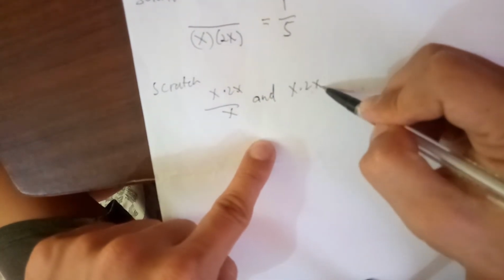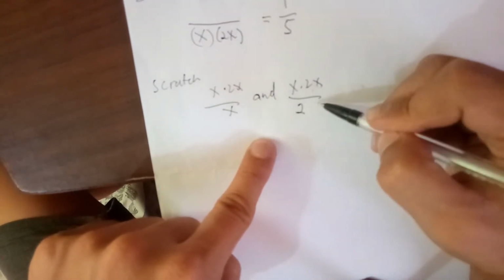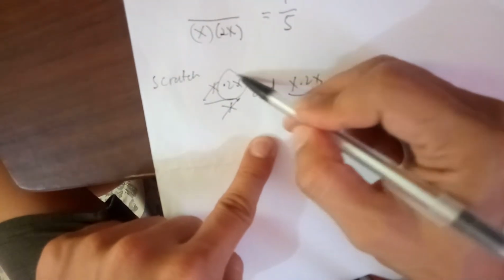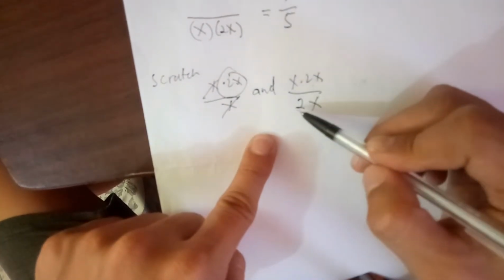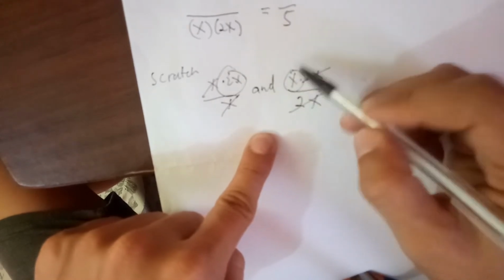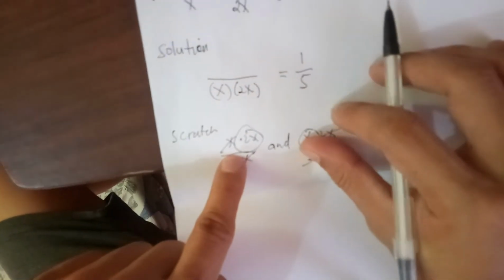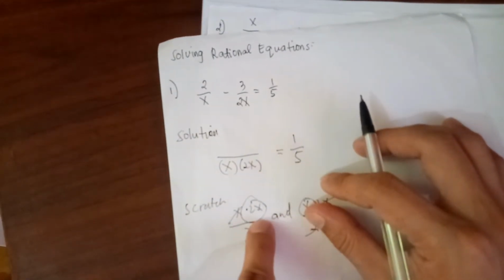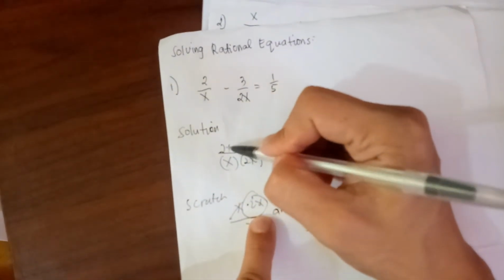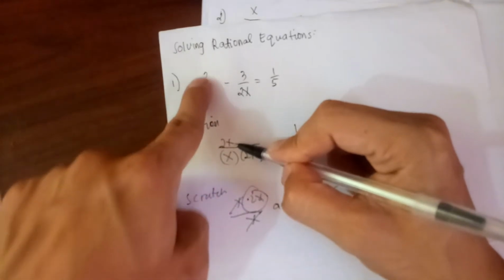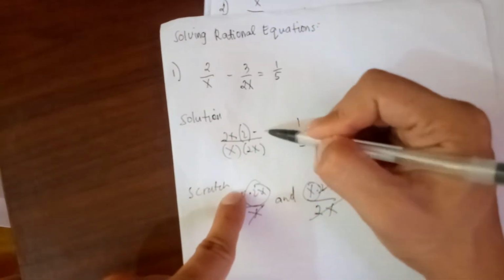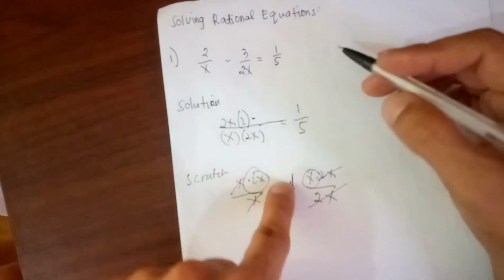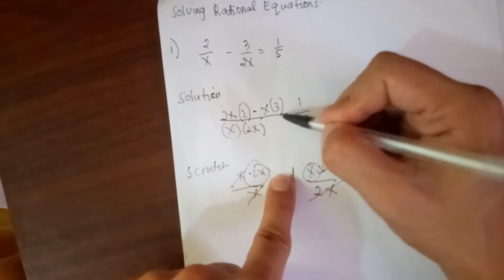So let us cancel this one. The remaining is 2x. Let us cancel 2x and 2x. The remaining is x. So therefore, 2x times the numerator 2, minus x times the numerator 3, x times 3.